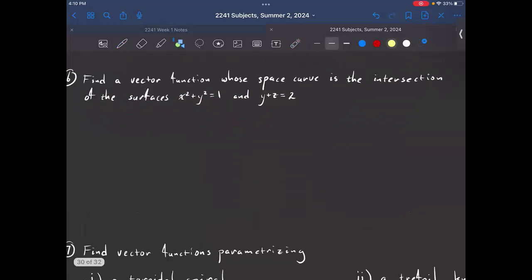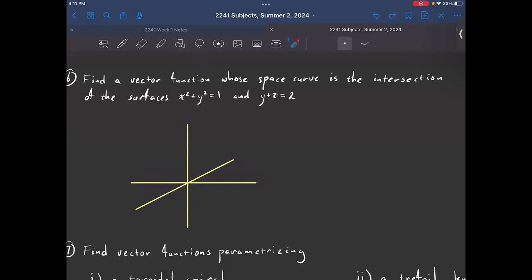I like to draw pictures of these first. I think it helps a little bit. It does also help to know what these curves are based on their equations. Actually, surfaces, not curves. So we've got x squared plus y squared equals 1, and hopefully you'll remember that that is a circular cylinder, a right circular cylinder, along the z-axis.